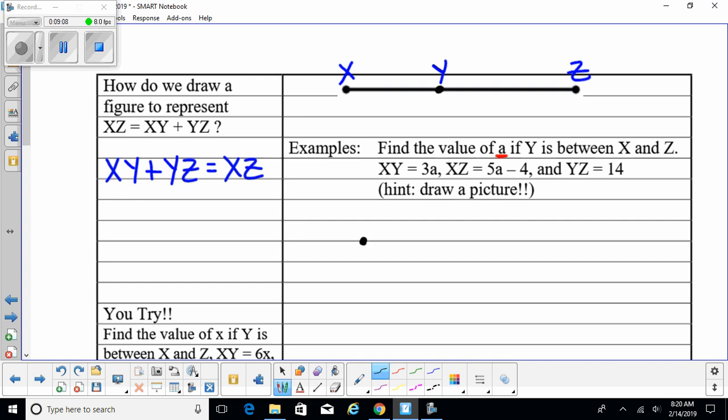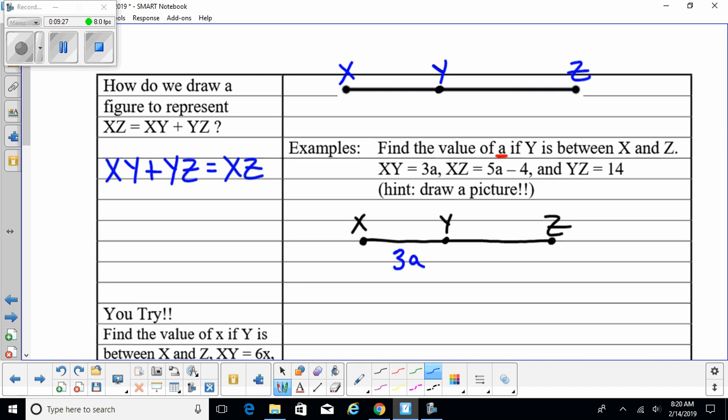Now let's draw ourselves our original segment. They tell me that Y, right here, is between X and Z. So I'm going to draw myself a picture so this looks prettier for me. They tell me that XY is 3a, so I'm going to put a 3a here.